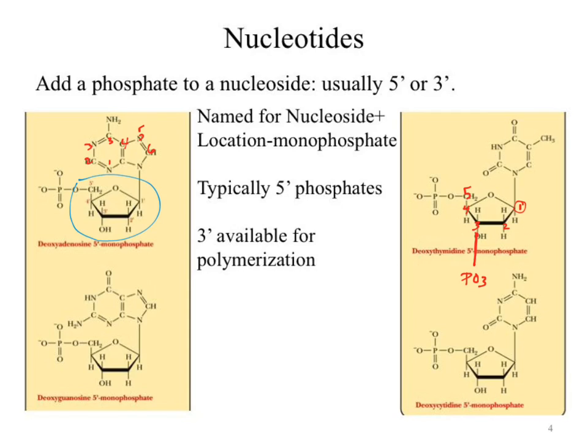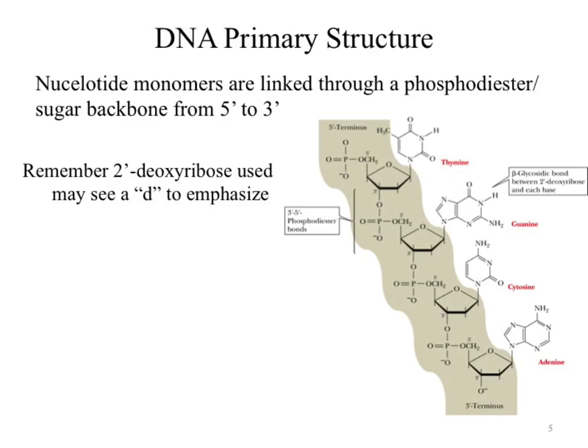Typically, we put the phosphate on the 5 prime, and then that phosphate can polymerize up to the 3 prime of another nucleotide. So if we look at our DNA primary structure, it's now just going to be the sequence of the nucleotides all the way through it. Each of those nucleotides will be connected through glycosidic bonds, your glycosidic bond being out here.